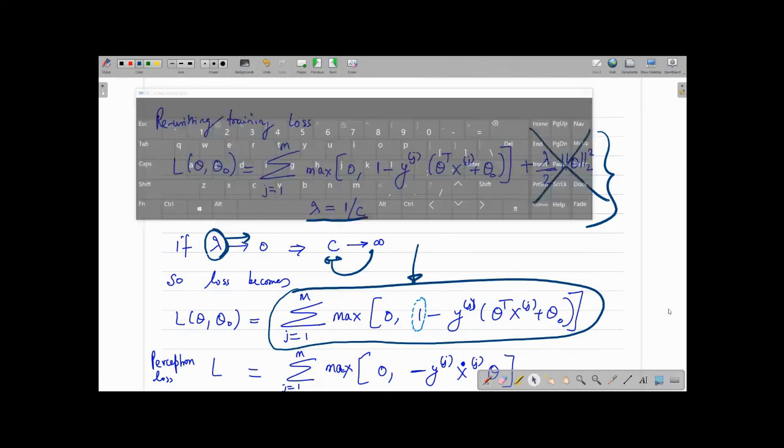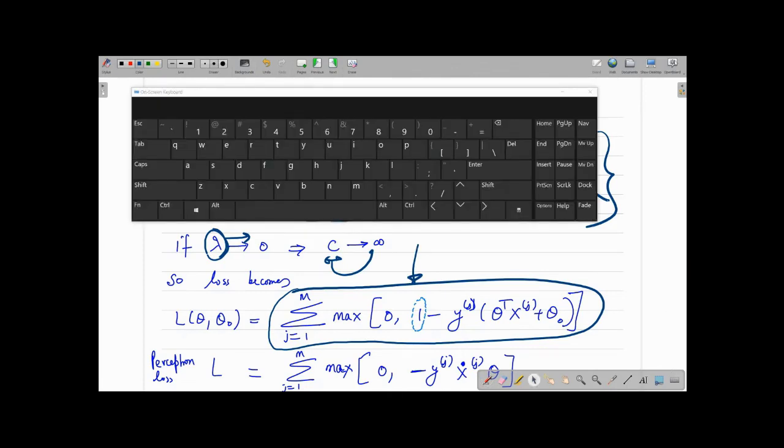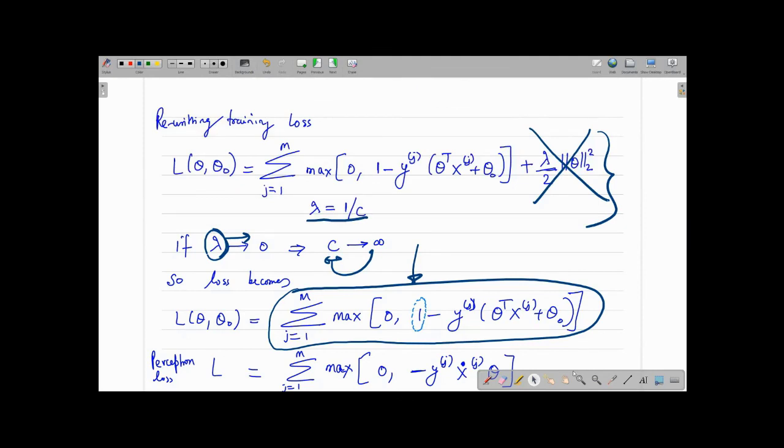So now if you compare this function with the perceptron loss function, then you can see the only difference is that this one was not there in case of perceptron. In case of your SVM, soft SVM, this is there.